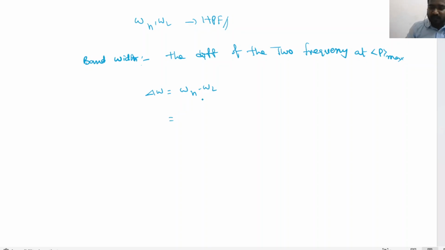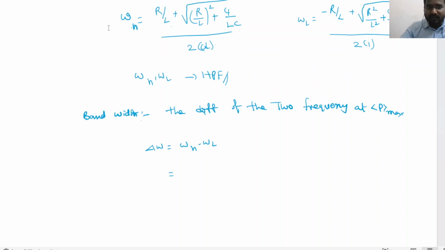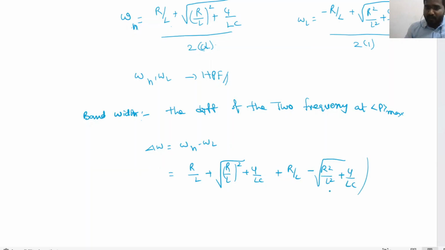Now, omega higher value is nothing but, from this equation, R by L plus under root of (R by L) whole square plus 4 divided by LC, minus of minus plus R divided by L minus under root R square divided by L square plus 4 divided by LC, whole upon 2.